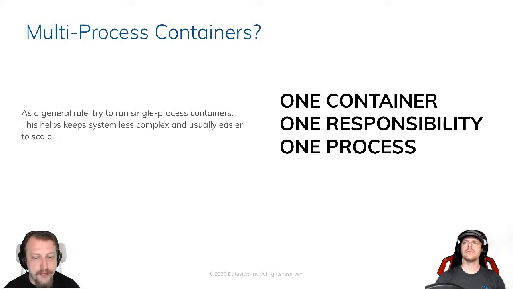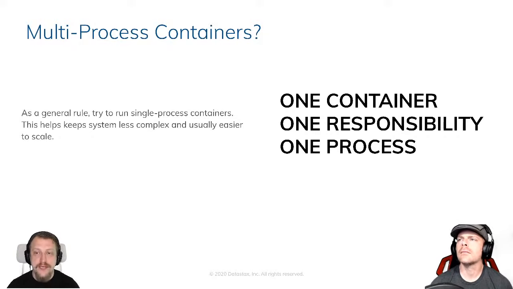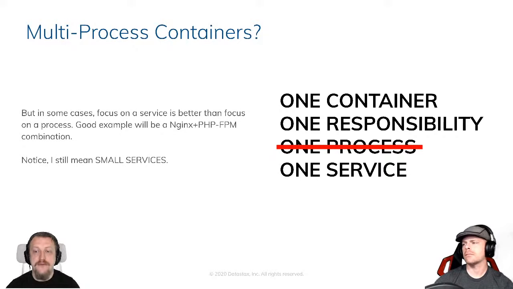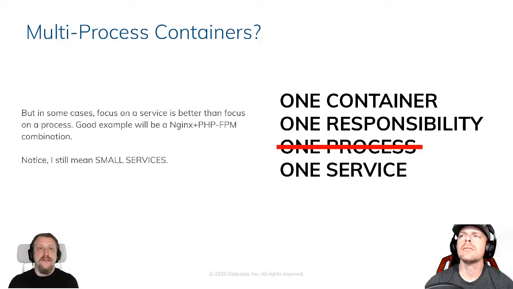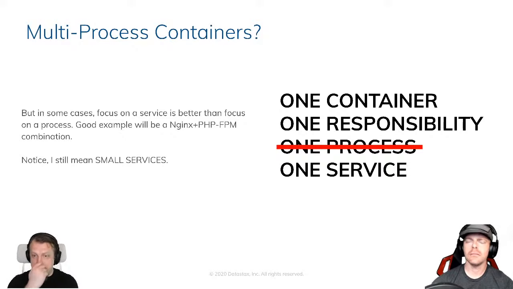what I prefer to do here is to add one more consideration. I prefer to think not of one process, but of one service. For example, it may be a real overkill to have in one single container Nginx, PHP-FPM, MySQL, and Memcache.